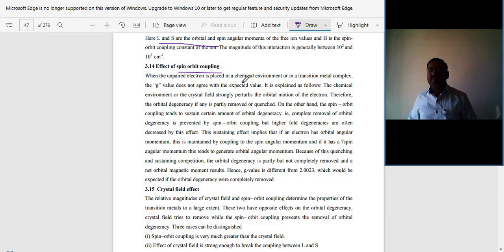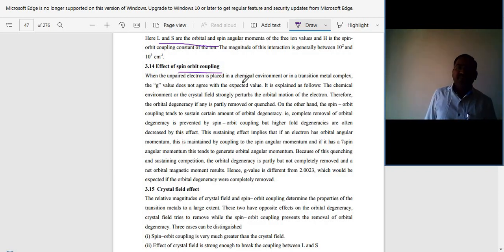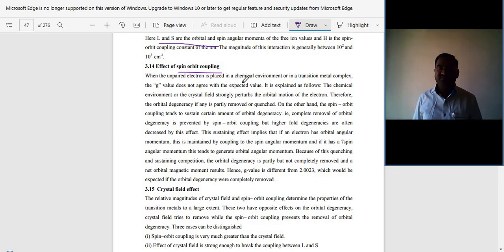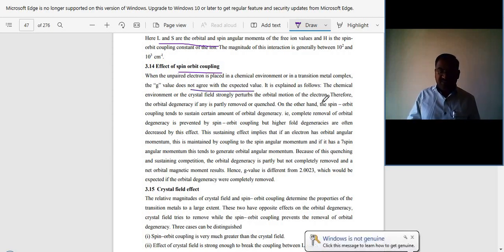The effect of spin orbit coupling: when the unpaired electron is placed in a chemical environment or in a transition metal complex, the g value does not agree with the expected value. It is explained as follows.